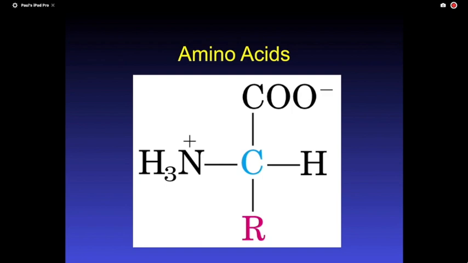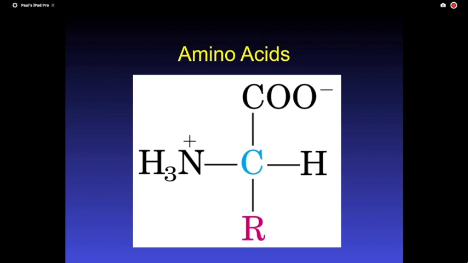Okay, you're going to need to know the structures. You're going to need to know them well enough to draw them. Okay, so drawing all 20 amino acids is important. It is important to be able to draw all 20 amino acids. Okay, and the R groups are what's going to be important.